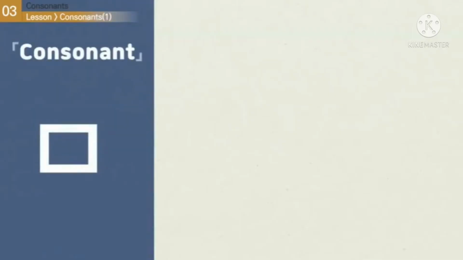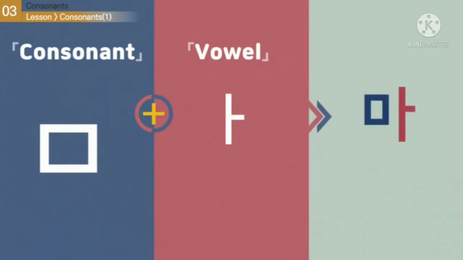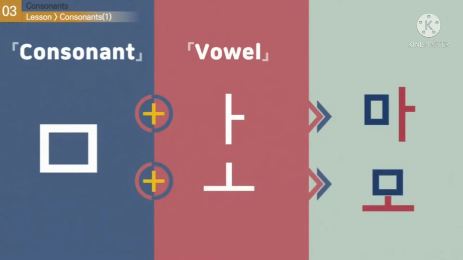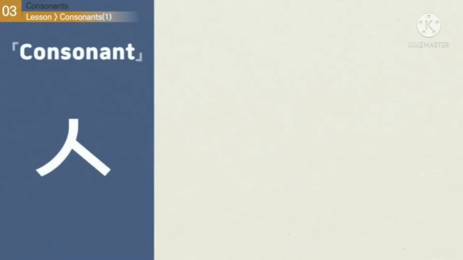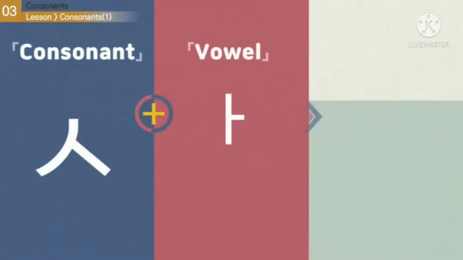Combining the consonant 미음 and vowel a makes 마. Combining the consonant 미음 and vowel o makes 모. Combining the consonant 시옷 and vowel a makes 사.